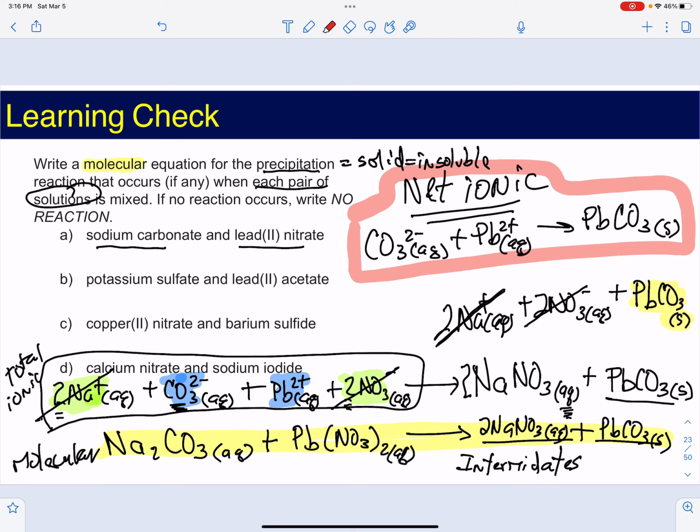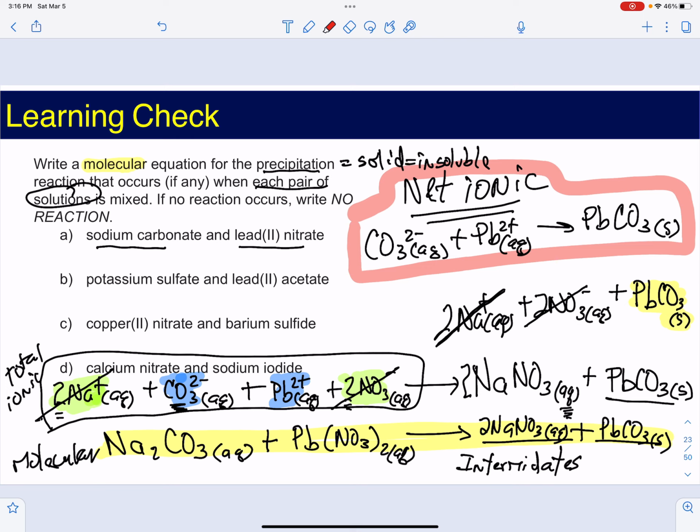We don't care about the sodium, we don't care about the nitrates because they're going to be soluble and they never come together with anything else. The net ionic reaction, in the case of precipitation, is those ions that produce the insoluble compound or the solid compound.